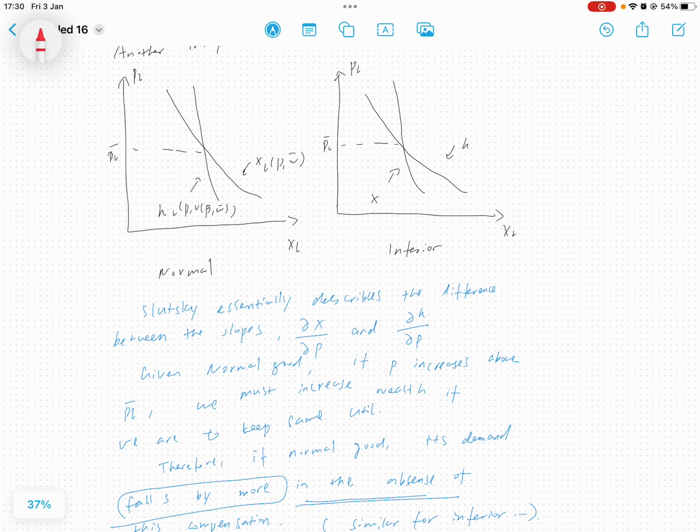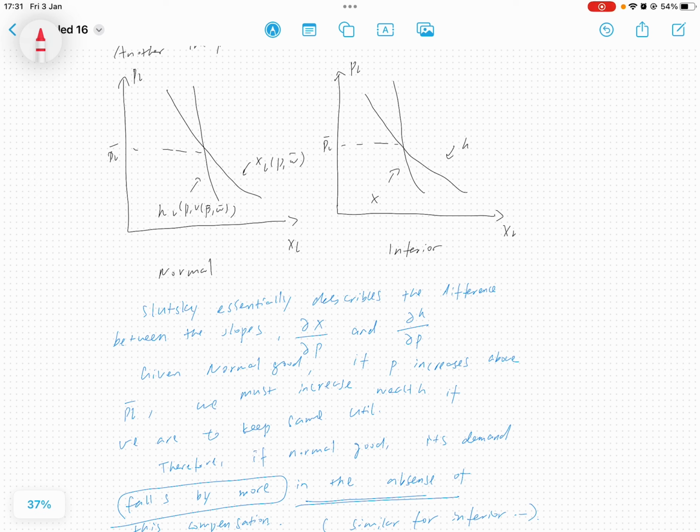On the left, be careful that those dimensions are P and X. Those are not two X's. Here it simply describes the difference between the slopes.